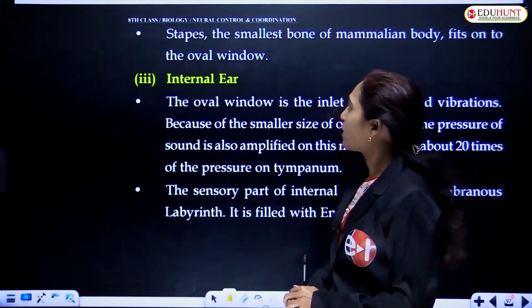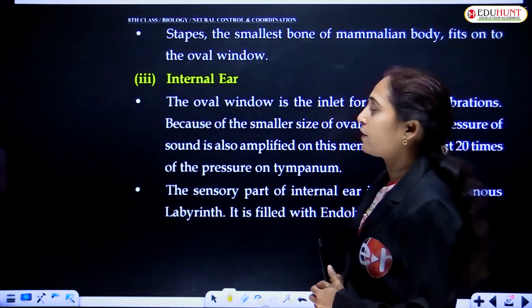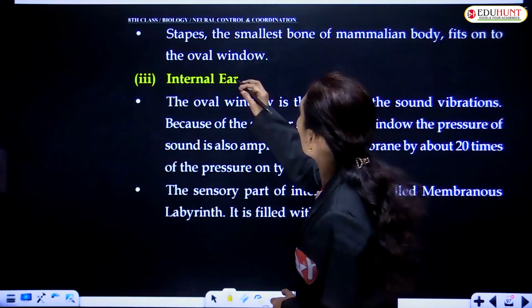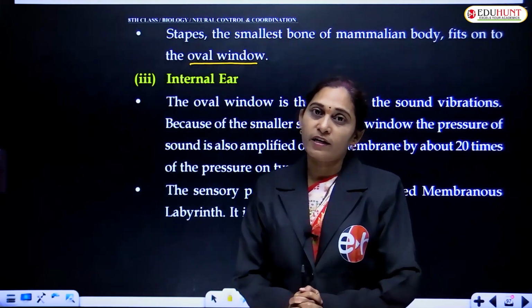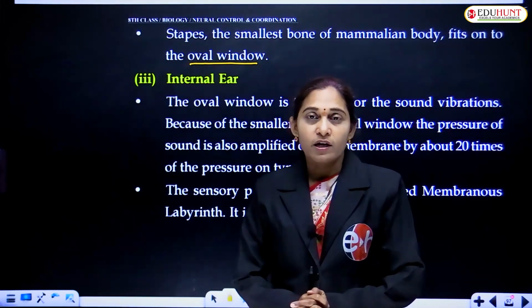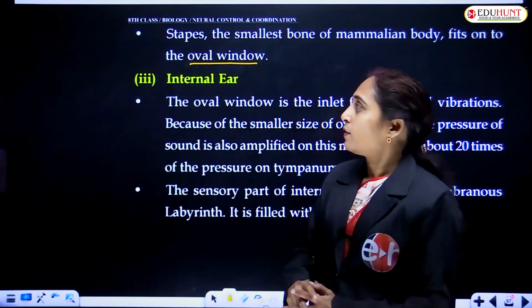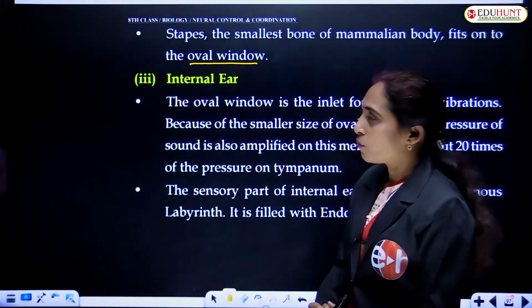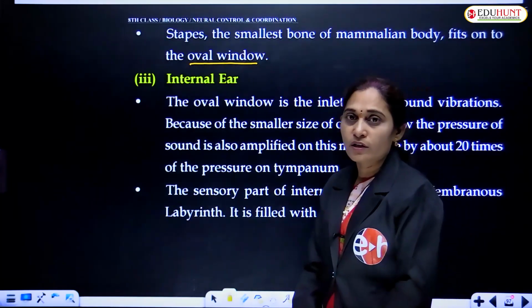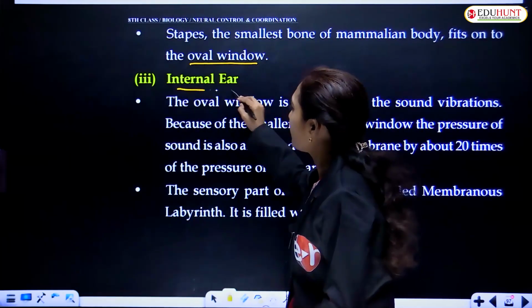The stapes, the smallest bone of the mammalian body, fits in the oval window. There are 2 windows: one is the oval window and the second is the round window. The next part of the ear is the internal ear.